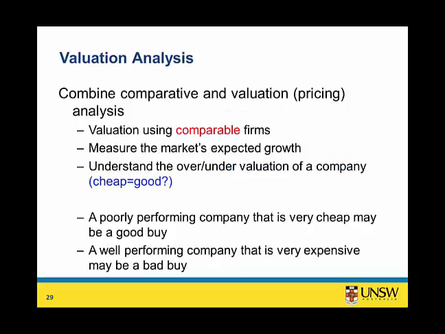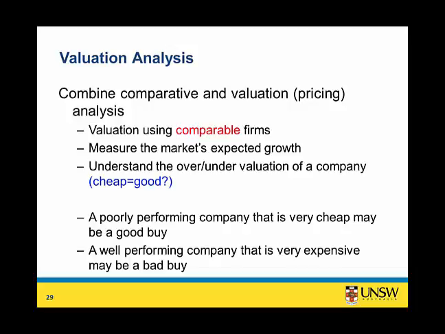So for valuation analysis, we combine comparative and valuation analysis together. We're going to use a peer company comparison, and we're going to make some estimates about the market's expectation for that peer company to grow. So we typically use the price earnings ratio in this analysis, and it can tell us whether a company compared to its peers is less overvalued or more overvalued.